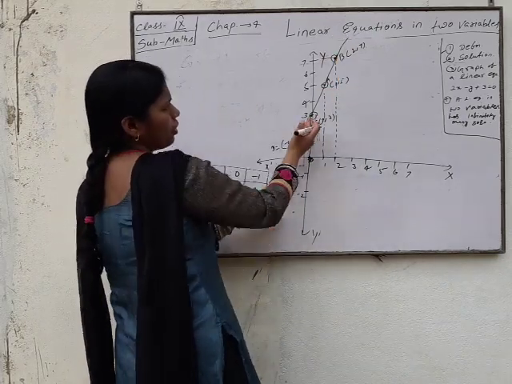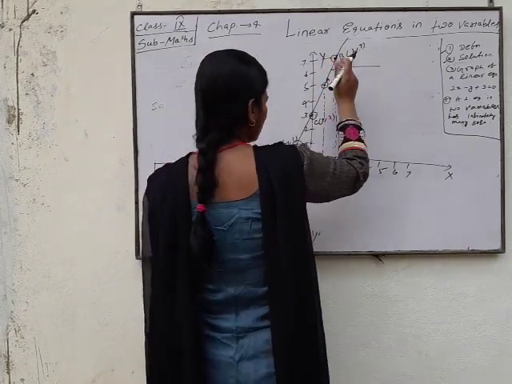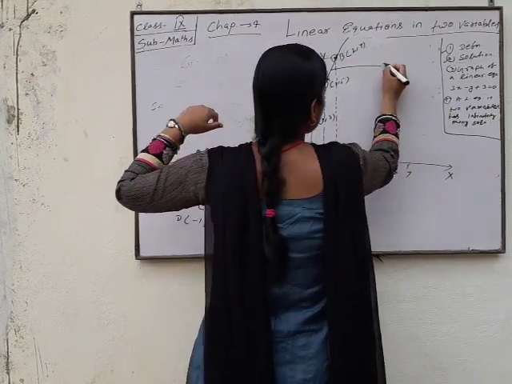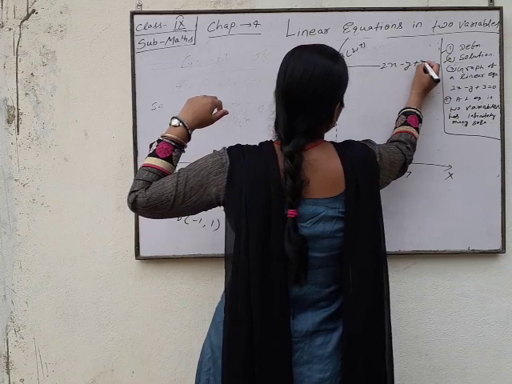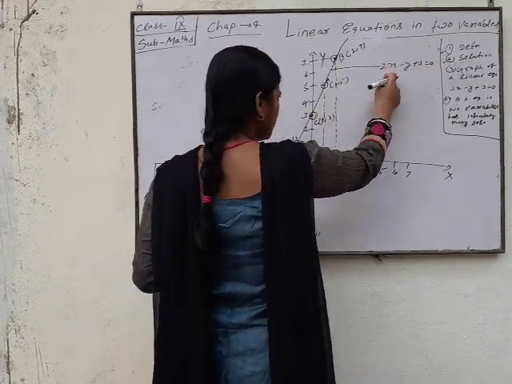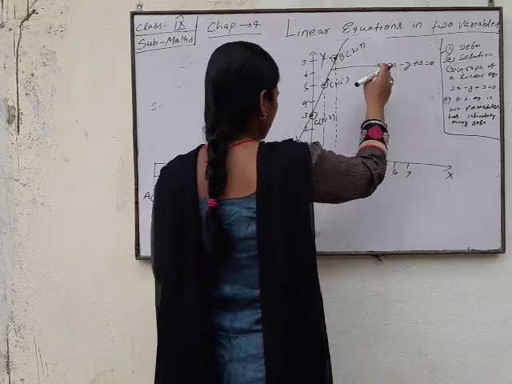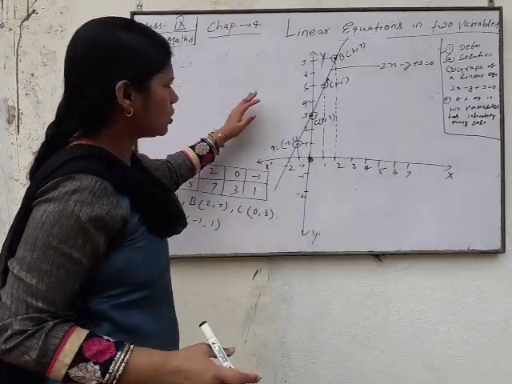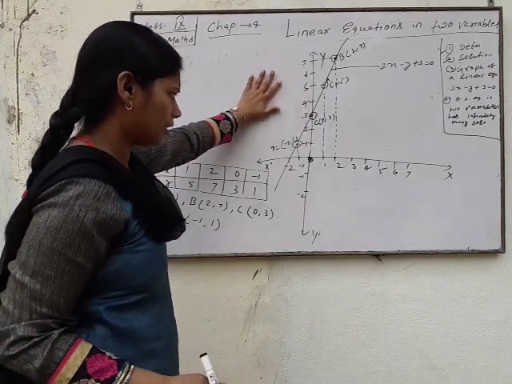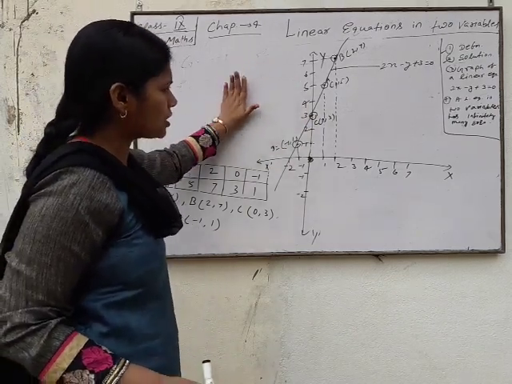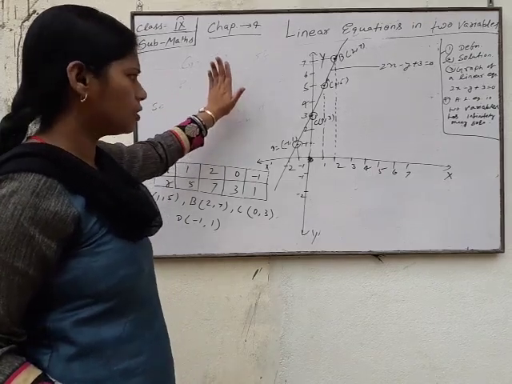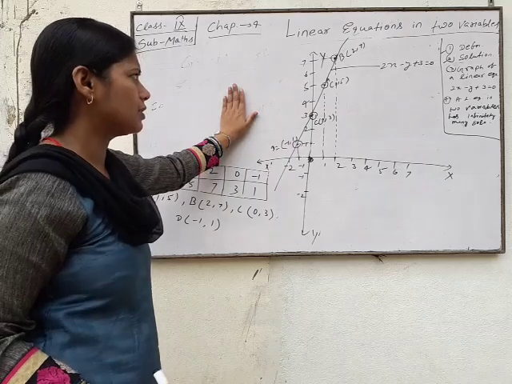And this line is the graph of the equation 2x minus y plus 3 is equal to 0. The graph of a linear equation is always a straight line. So this is the process to draw the graph of a linear equation in two variables. Okay, students, thank you.